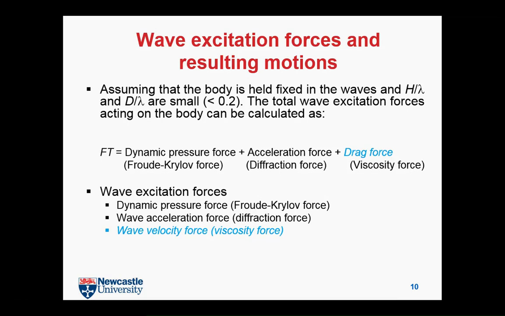When you have motion, it's from the dynamic part. And we know that if you have acceleration, you have added mass. And of course, if you have motion, you have resistance from friction.